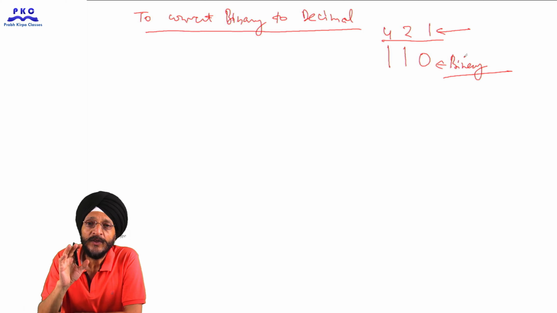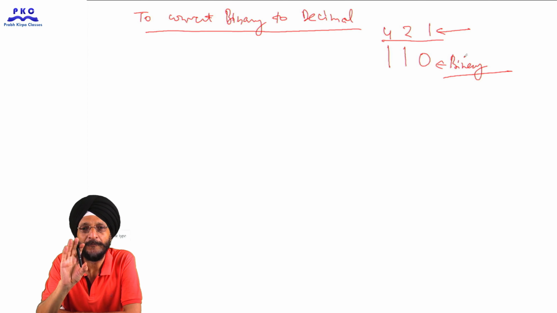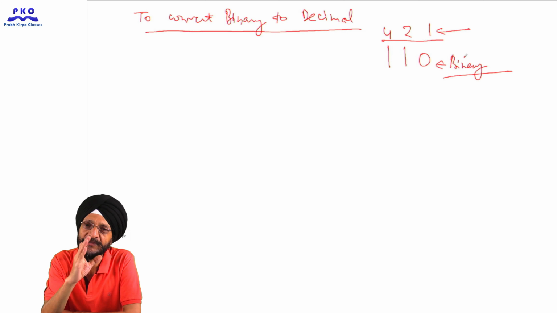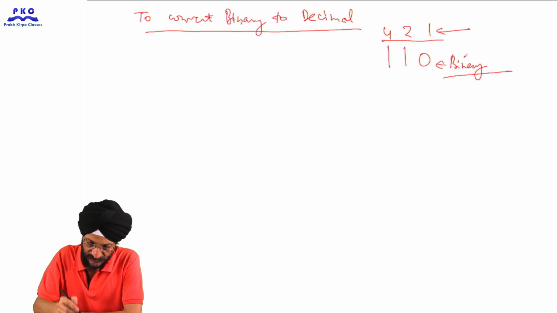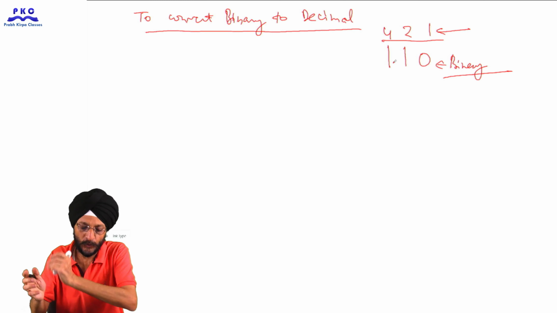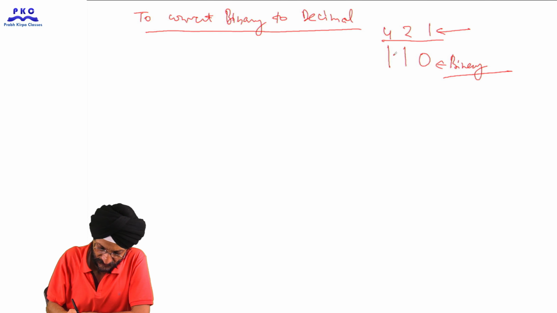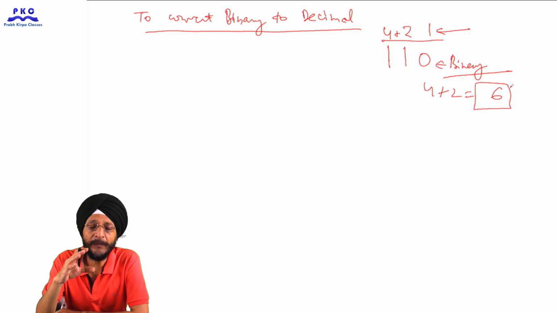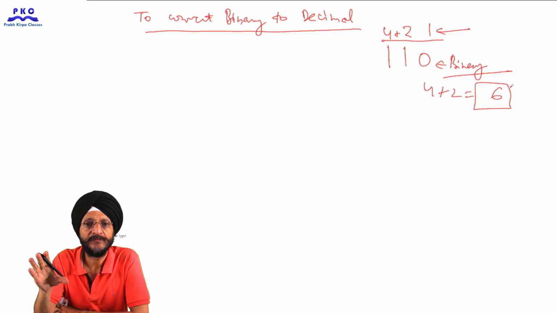Here we take into consideration only those places where we have 1, and we go on adding from left to right. So here 4 plus 2, and the 1 place has 0. The binary number has been converted into decimal: this is 6.